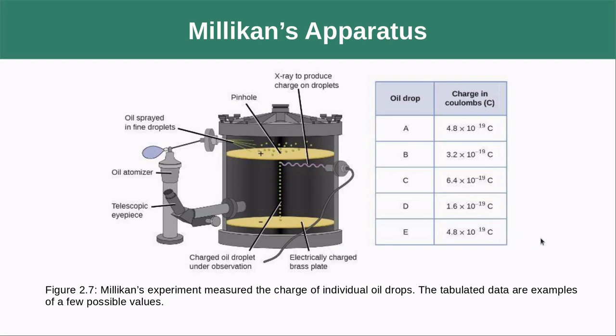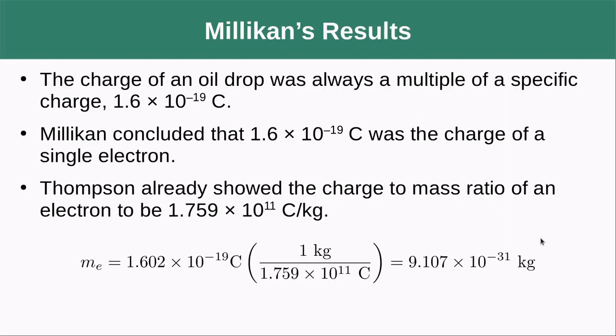And what he figured out is that all of these values have a common divisor, 1.6 times 10 to the negative 19 coulombs. So what he figured was that there was some sort of particle in there that had this charge, and there were different amounts of these in each one of the oil droplets that was leading to the different charges that he had.